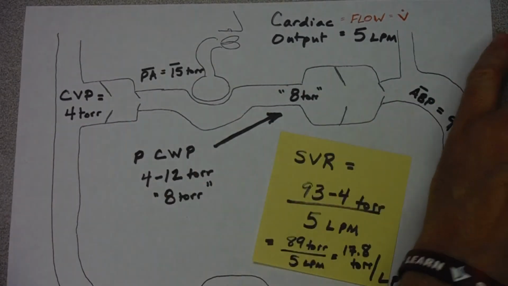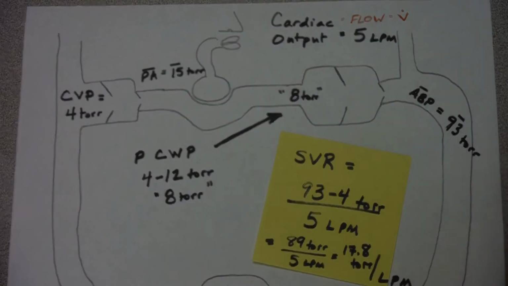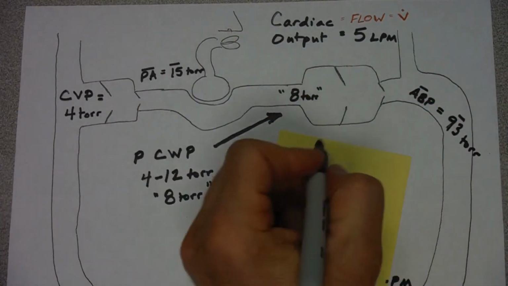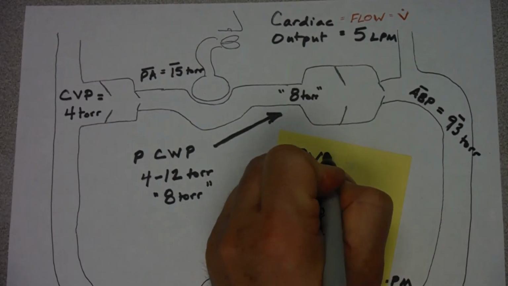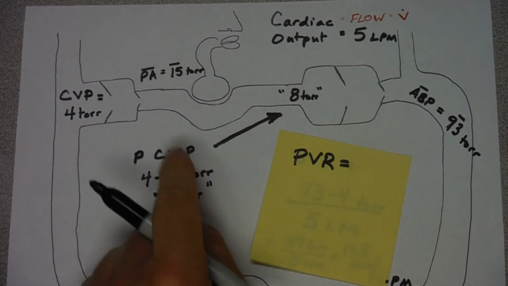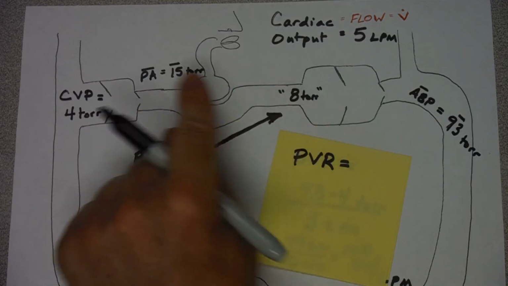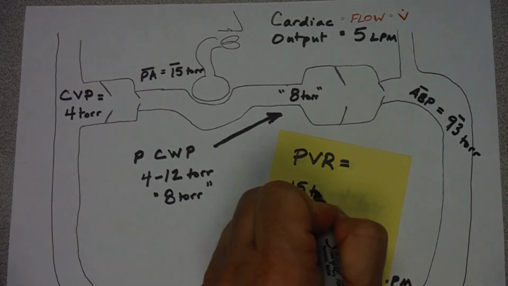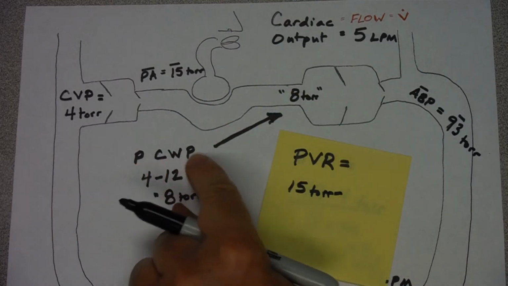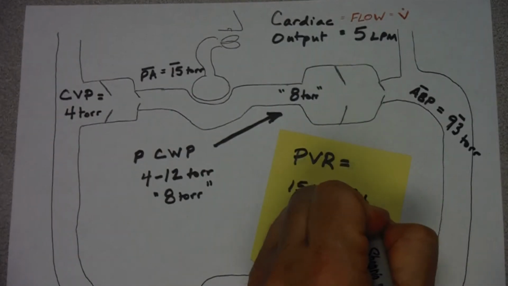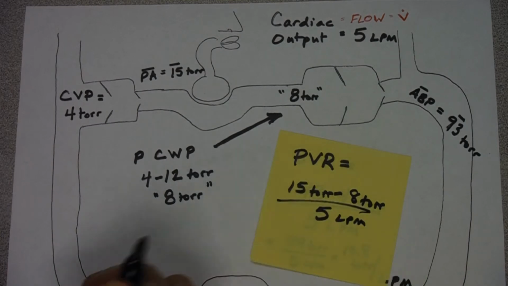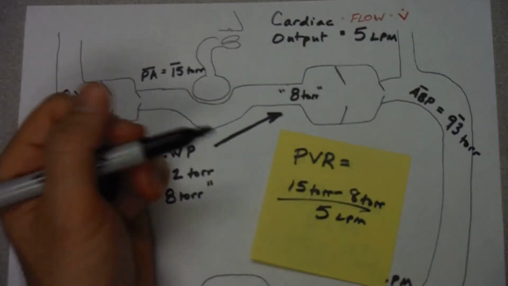For pulmonary vascular resistance, we're going to do the same thing. We're just going to use the pressure gradient in the pulmonary circuit. So this would be pulmonary vascular resistance. We're going to find the delta P that's established. So we've got 15 torr on the high end minus the PCWP, which we're going to use as 8 because these are just normal values, and divide by the flow rate, which is liters per minute. So delta P over the flow.